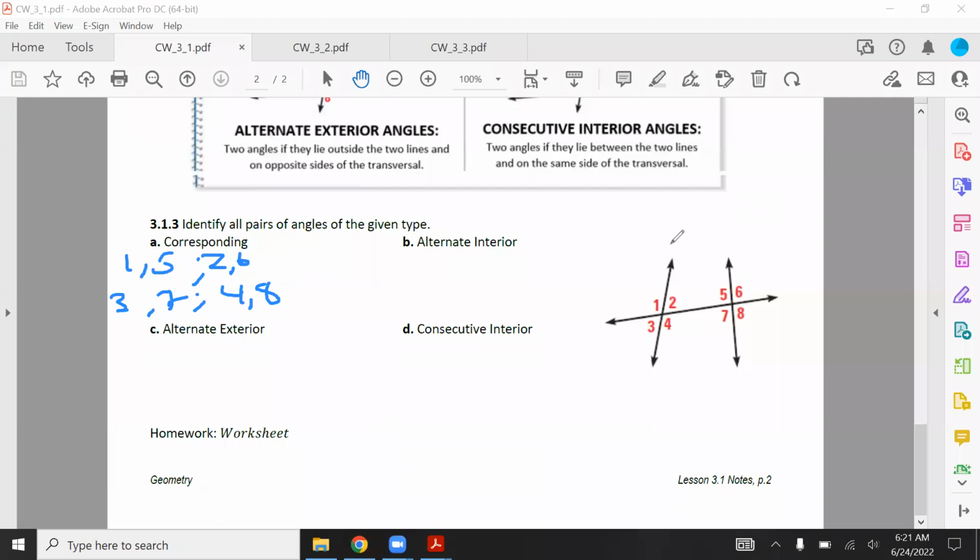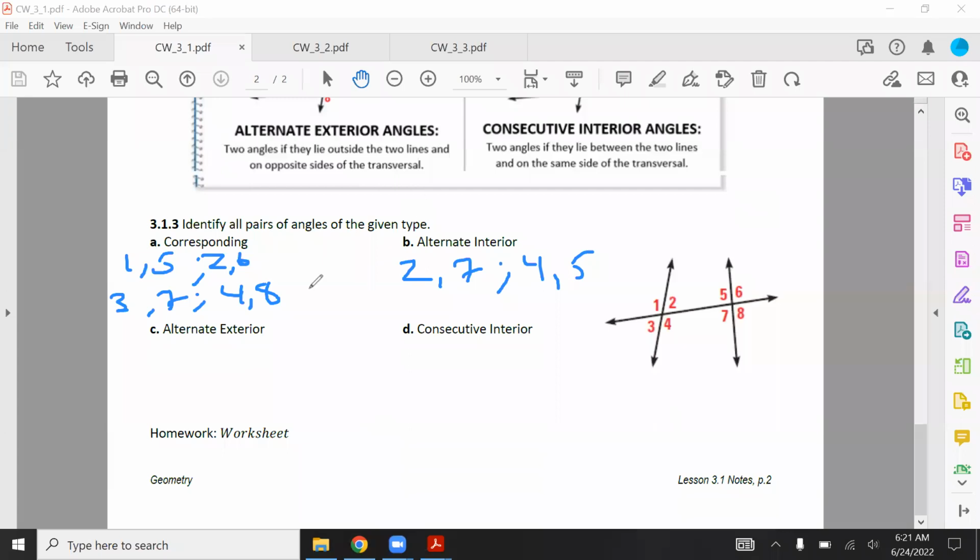Alternate interior, you say 2, 7, or 4, 5. So 2 and 7 are alternate, they change positions. See 4, 5, alternate, opposite positions, and they're both inside.